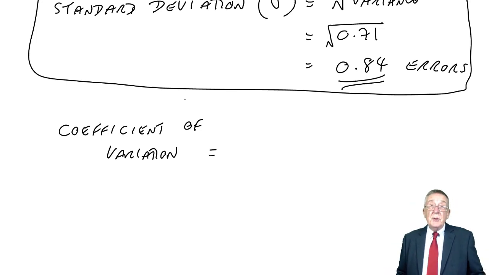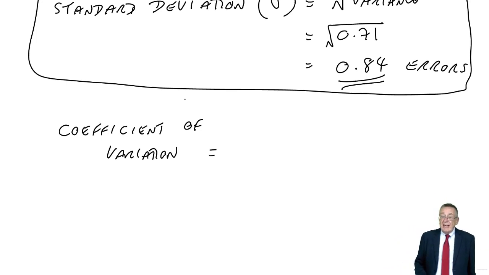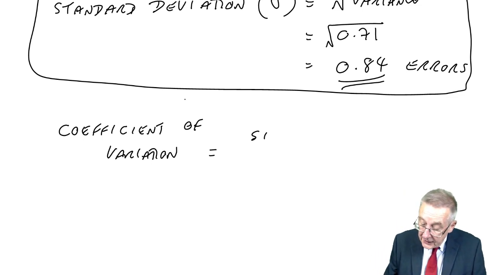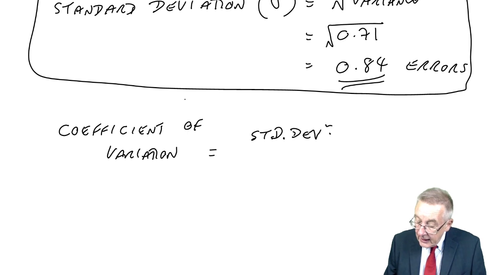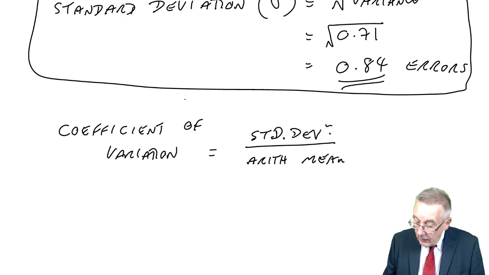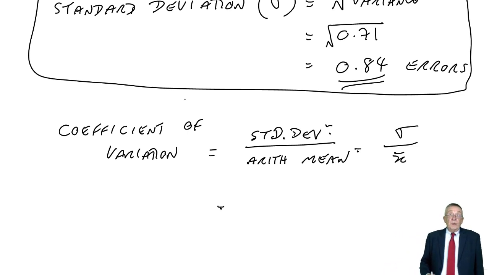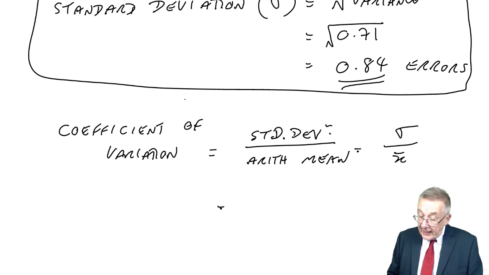We still need all the workings we've done, but once you've done it, it's very easy. The coefficient of variation is simply the standard deviation divided by the arithmetic mean. Or if you want symbols, sigma divided by x bar. So again, we still need all that arithmetic we've done, but the standard deviation is 0.84.